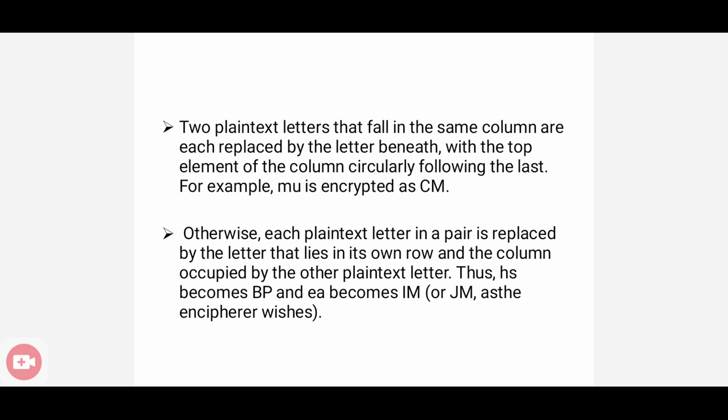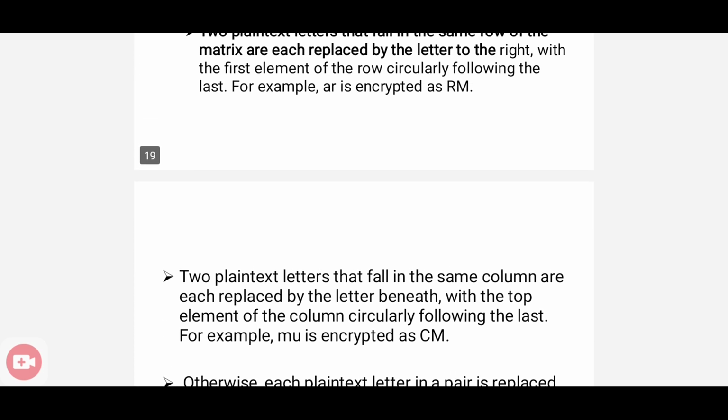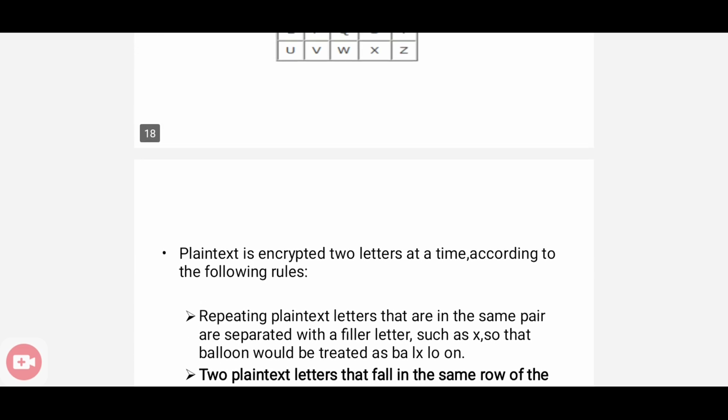Okay. If the plain text letters are not in the same row or not in the same column, then what will happen? Here HS, that is the original text, becomes BP. How is it possible?